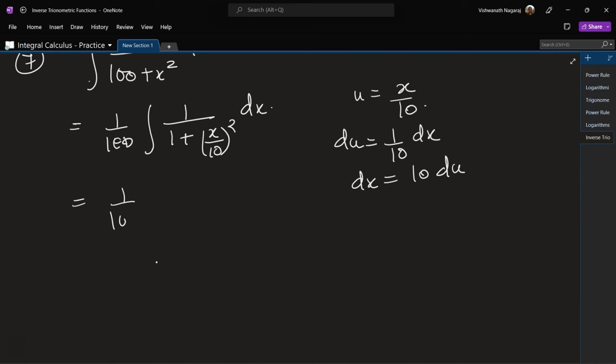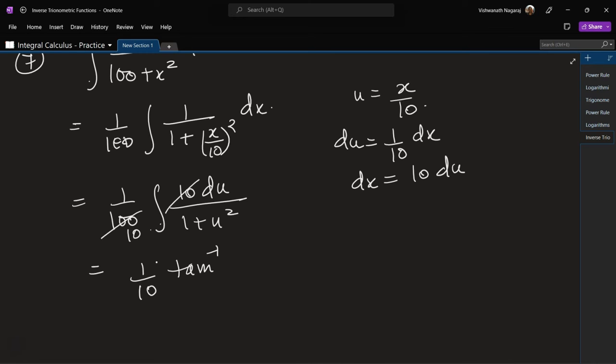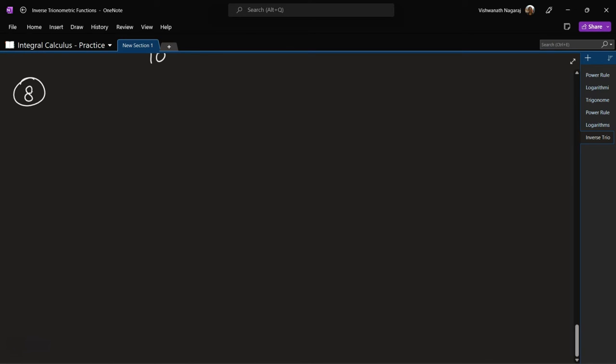So we get 1 by 100 integral of 10 du by 1 plus u square, which gives us 1 by 10, and the integral of this is tan inverse of u, and reverse substitution we get tan inverse of x by 10. Integral of 1 by x times square root of x square minus 100 dx.